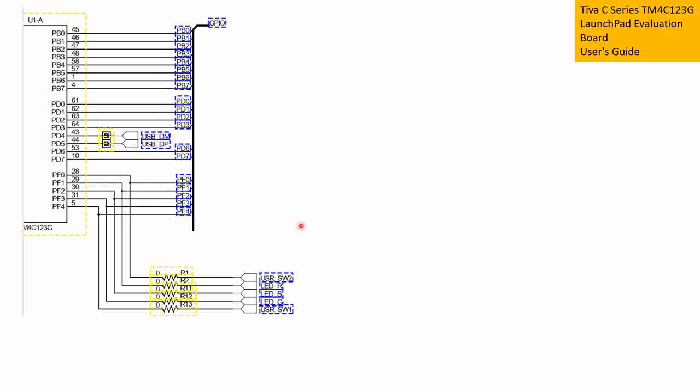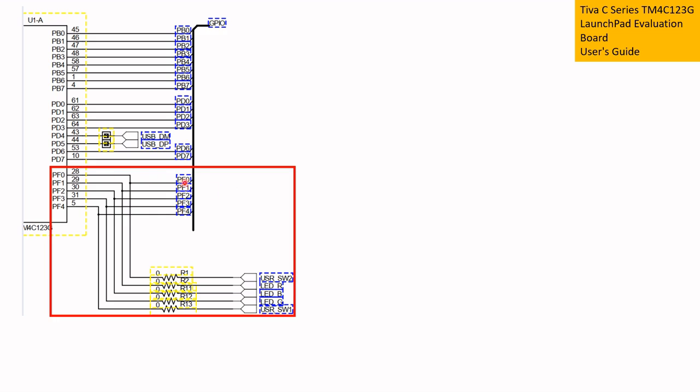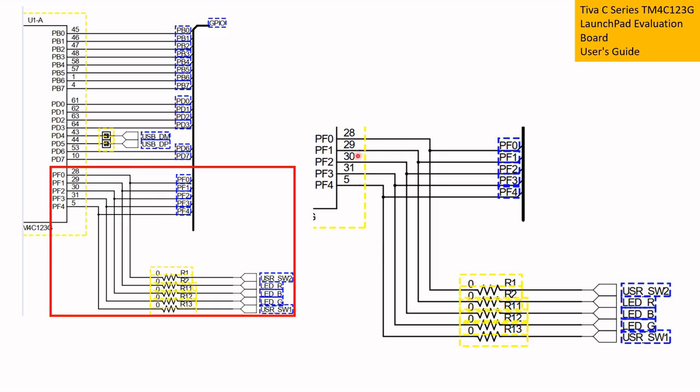So let me just highlight this part and let me magnify this portion here. Now take a look at the LEDs first. So LED red, LED blue, and LED green. So it's LED R, LED B, LED G respectively.